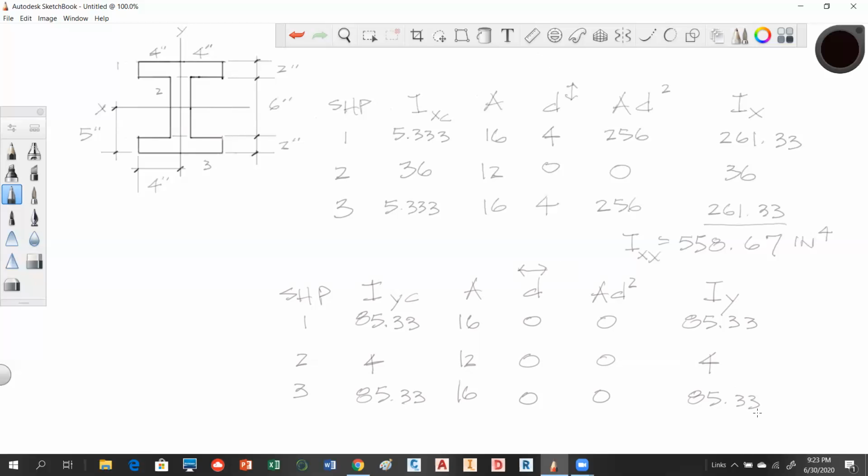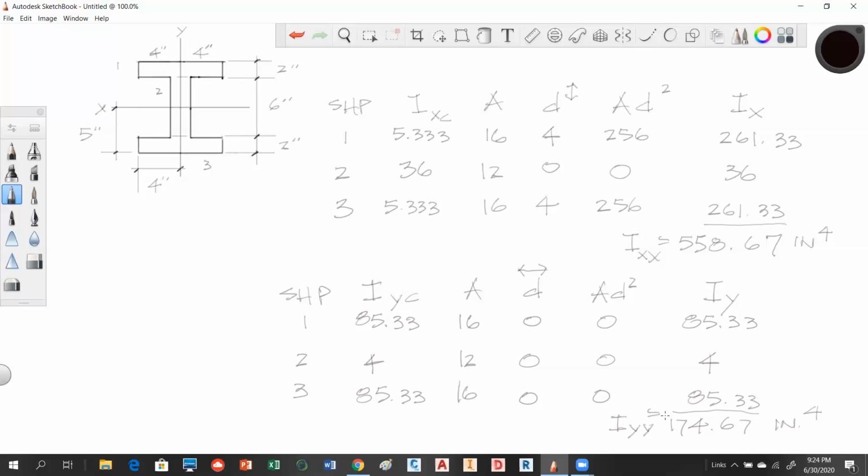So we're going to sum this column up. We sum that up and we get 174.67 inches to the fourth. This is what you would call your IYY.